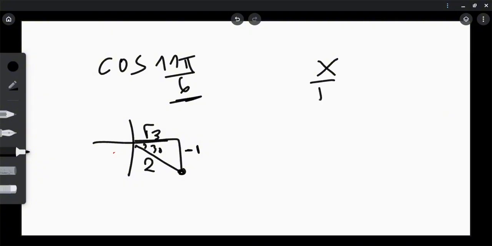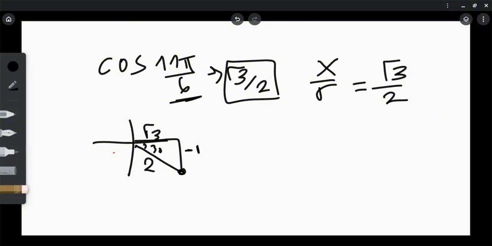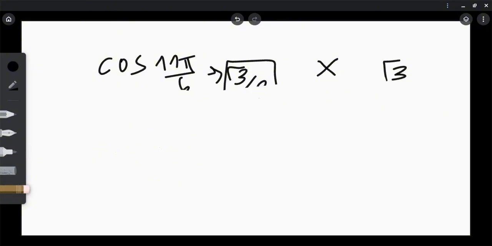So what is cosine 11 pi over 6? Cosine is x over r. So x is square root of 3 over 2. So this is just square root of 3 over 2. Okay?